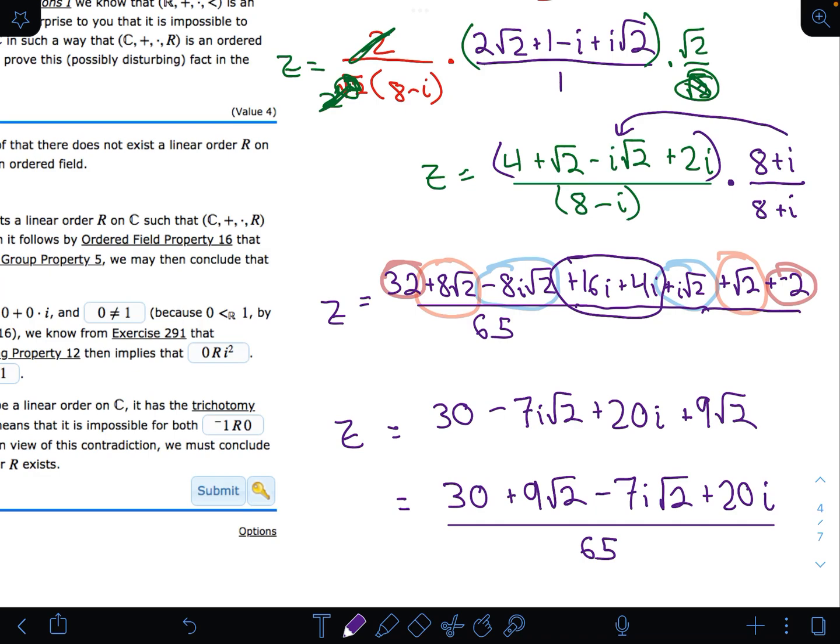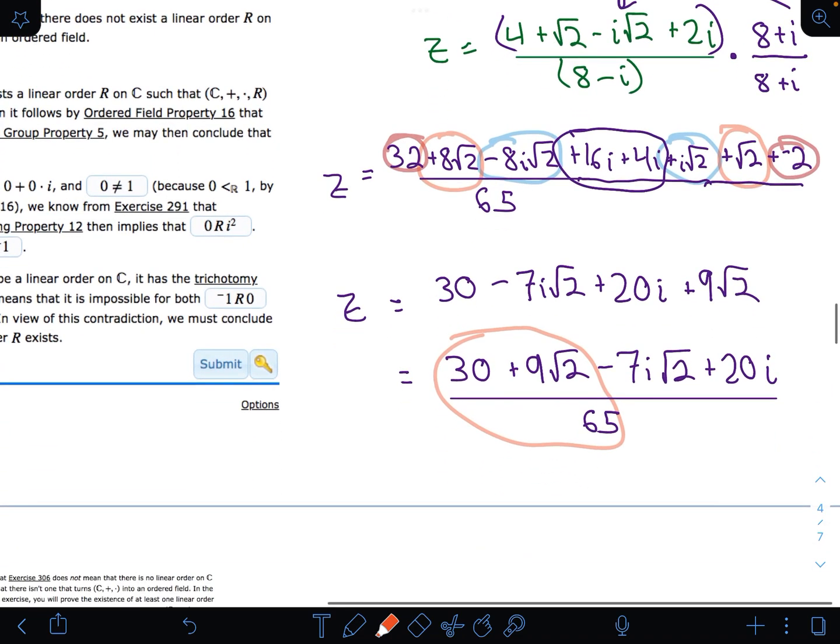But at the end of the day, when I'm writing this, I can reduce this where possible. And again, as I said, we like to have this in a plus bi form. So this is going to be my a, and this will reduce the 30 portion, I can cut that down to 6 thirteenths. 30 over 65 is 6 thirteenths.